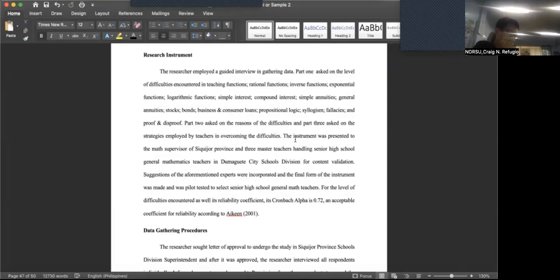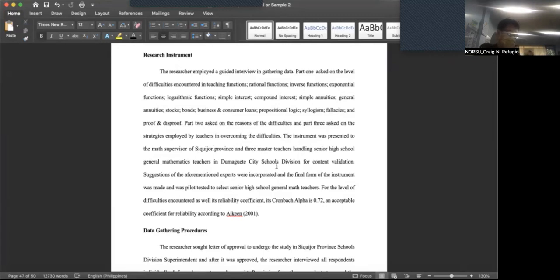When you write the proposal, it can be either in the present tense or in the future tense. You can say the instrument will be presented to the math supervisor because that is math. But if it is English, then the English supervisor, or if that is TLE, the TLE supervisor. Did you get me?